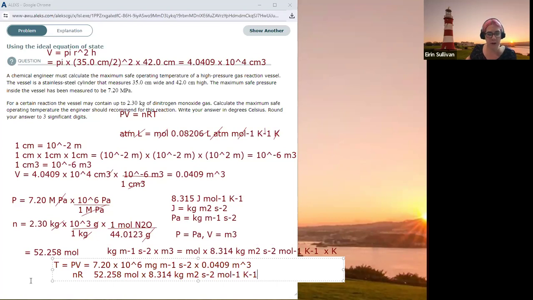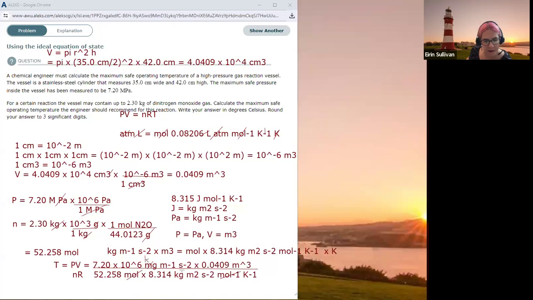Okay, so I know the units look a mess, but I really want you to be using your dimensional analysis so you can see that the moles are going to cancel out. My kilograms are going to cancel out, but I've hit an M instead of a K. Sorry. That's supposed to say kilograms here.